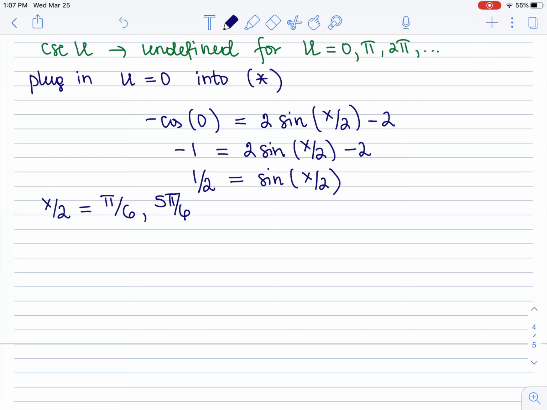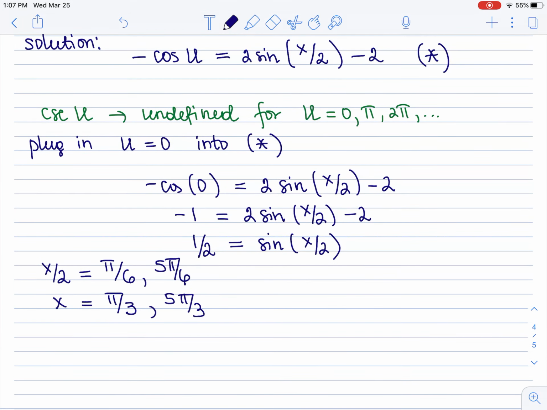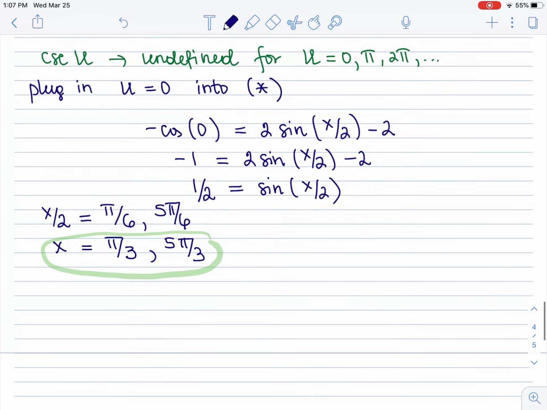Once we multiply by 2, we get x equal to pi over 3 and 5 pi over 3. We found these values of x for which we have discontinuity of the derivative, so we're going to restrict our x to be between pi over 3 and 5 pi over 3.